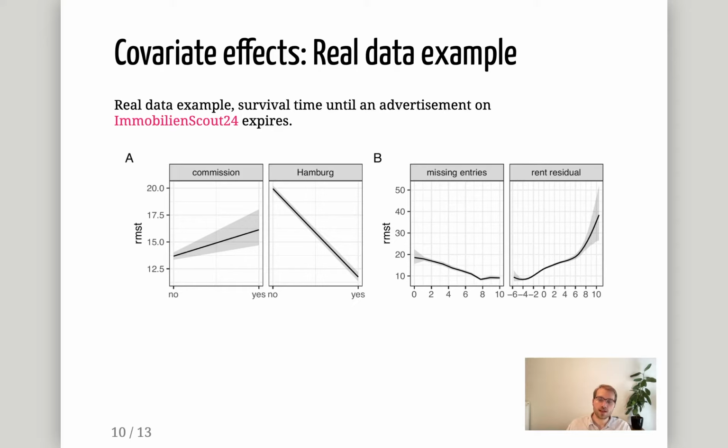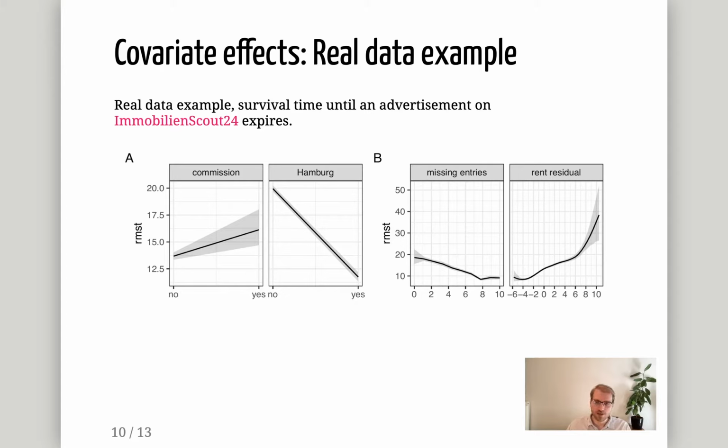So we are looking at the survival times of advertisements until they expire. The general idea is that advertisements expire more quickly for nicer flats than for less nice flats. The partial dependence plots on the right-hand side are for the metric covariates, where we have the extension in the paper.